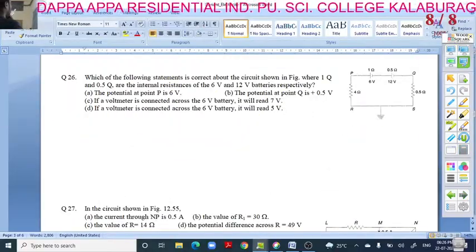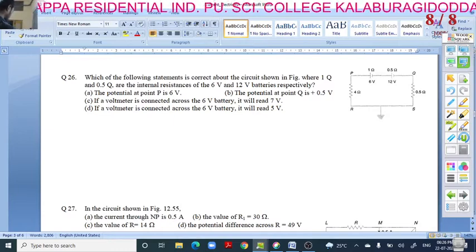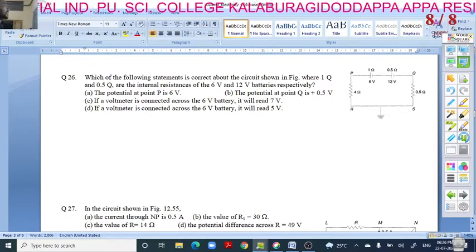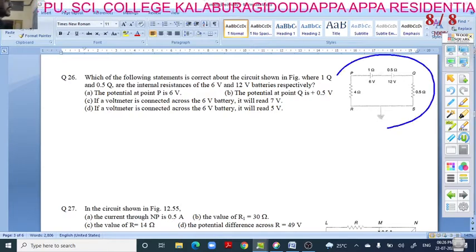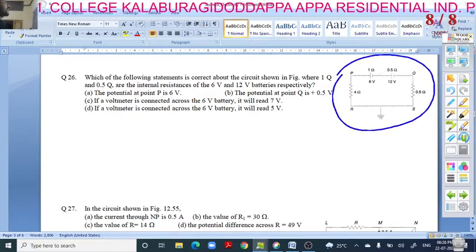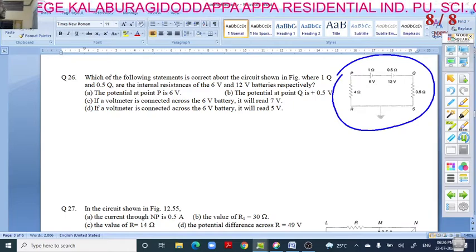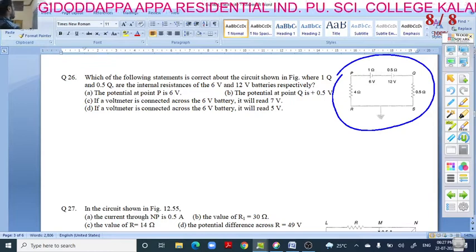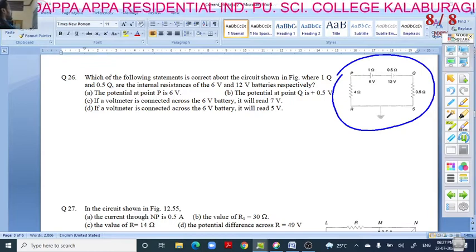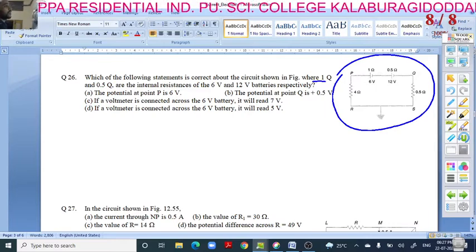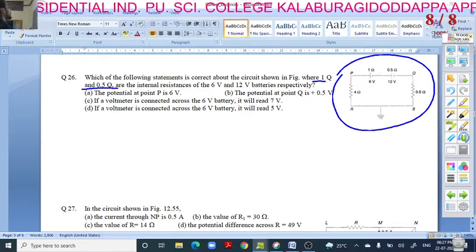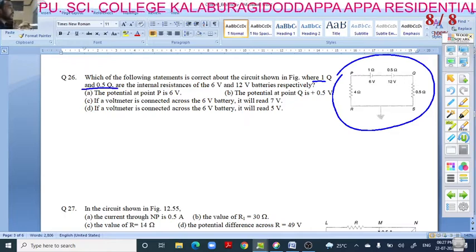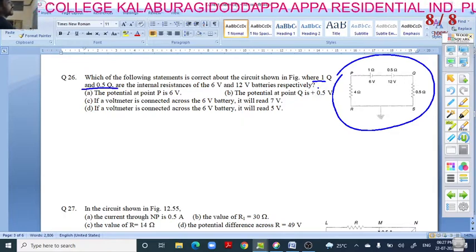Okay, next question. Question number 26. Which of the following statements is correct about the circuit shown in the figure? Here 1 ohm and 0.5 ohm are the internal resistances of the 6 volt and 12 volt batteries respectively.